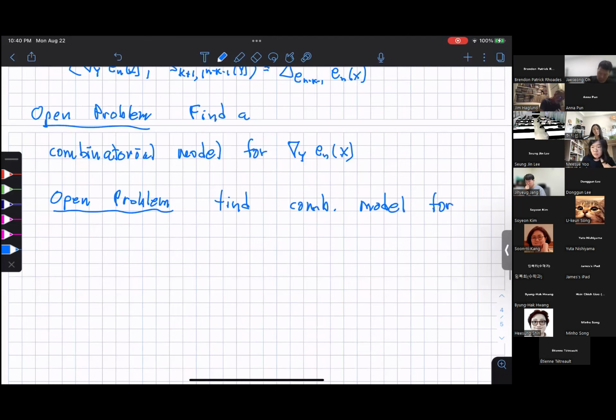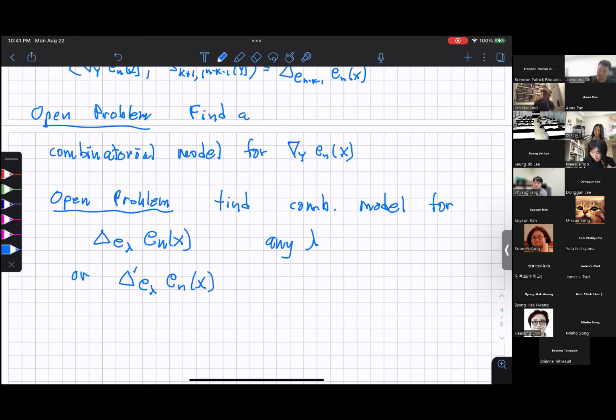For delta E lambda En of x. In fact, ideally, we'd like, so this is for any lambda. Or more or less equivalently for this.